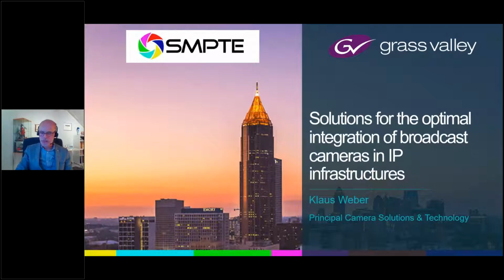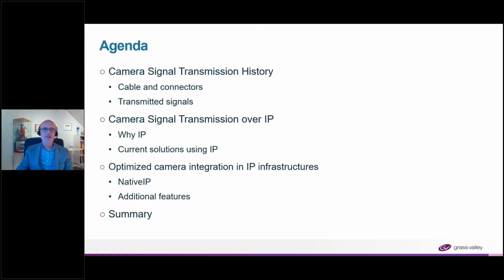So I have prepared the following agenda. First I give you a quick summary about the camera signal transmission history, the cables and connectors and the transmitted signals. Then I will talk about camera signal transmission over IP: first of all, why IP, and what are the current solutions using IP?